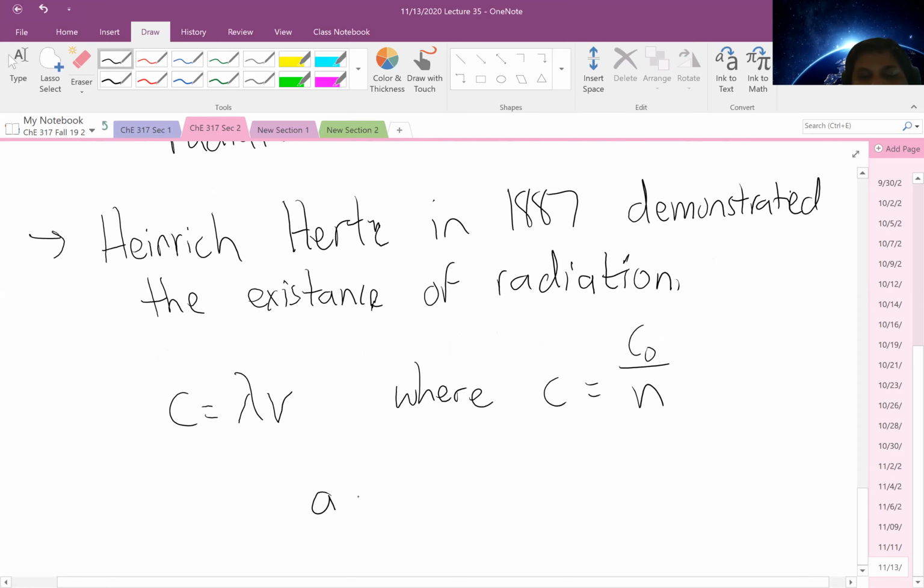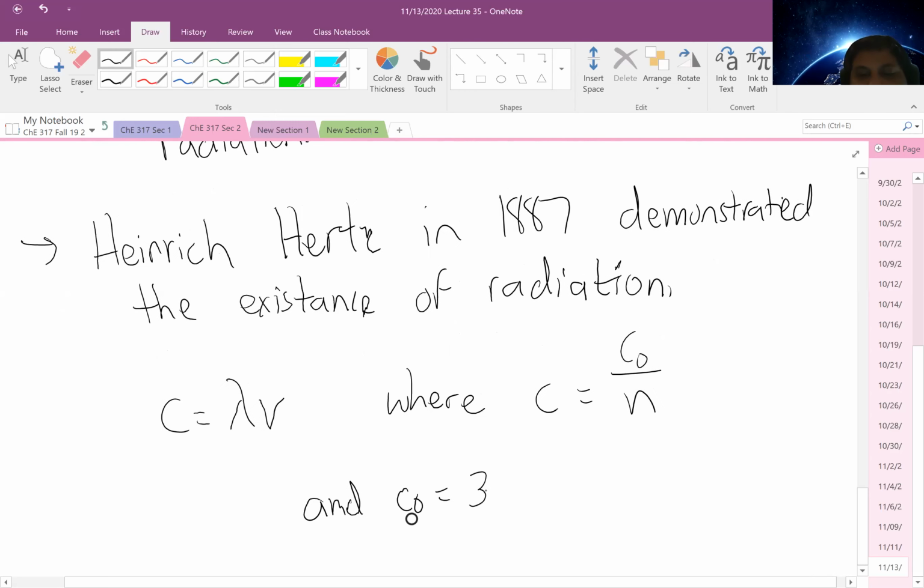And c naught is our speed of light, 3 times 10 to the 8th meters per second, and n is our index of refraction.